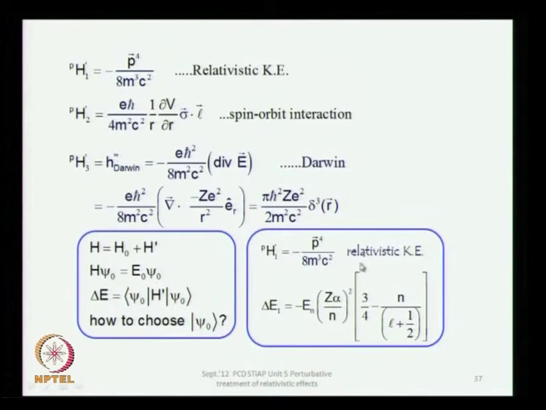We found that the correction does indeed depend on the L quantum number, but it does not really remove the degeneracy between the 2s and 2p state, because there are other corrections that we need to address. So we will take into account those other terms.